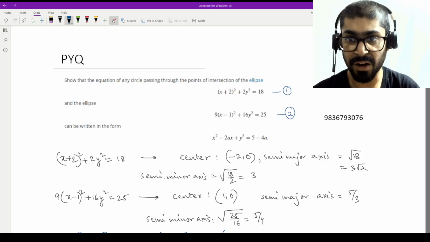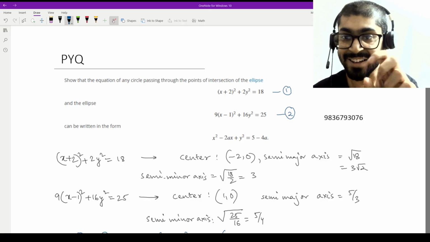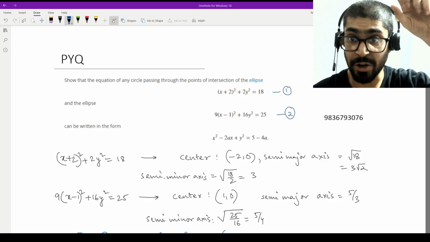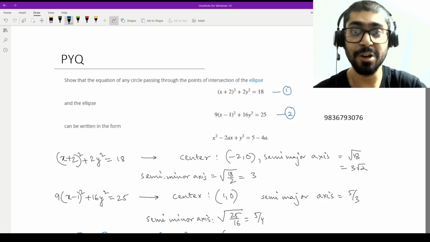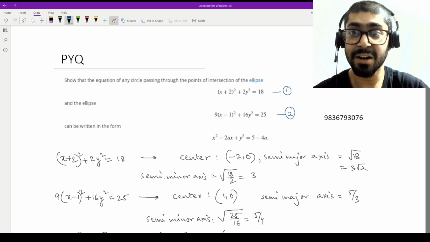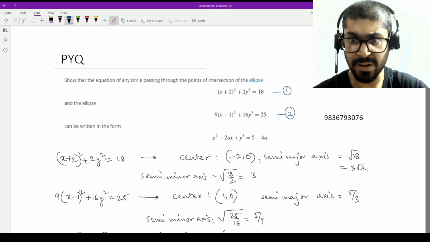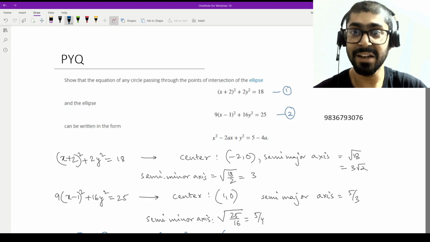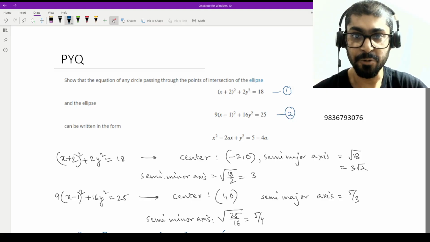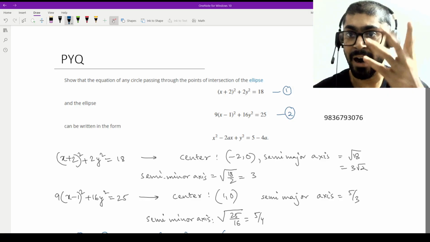So these are very small numbers. I cannot have the intersection of these two ellipses at x = 48. These ellipses are not that long. Then why do we get this value? Because not all the values here are real. We are only taking the real values. So corresponding to x = 48, you might get some complex values where the ellipses are intersecting. But we'll just deal with the real ones since we just have to work in the R² plane.